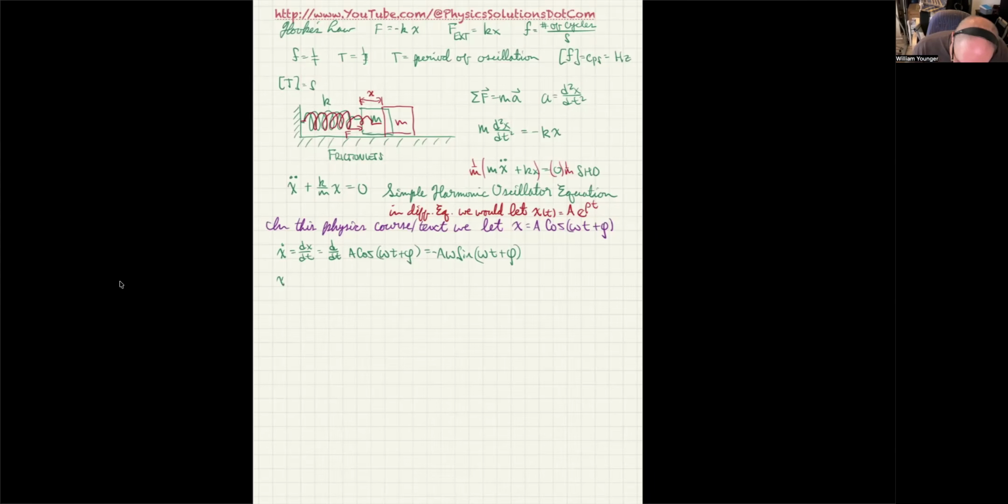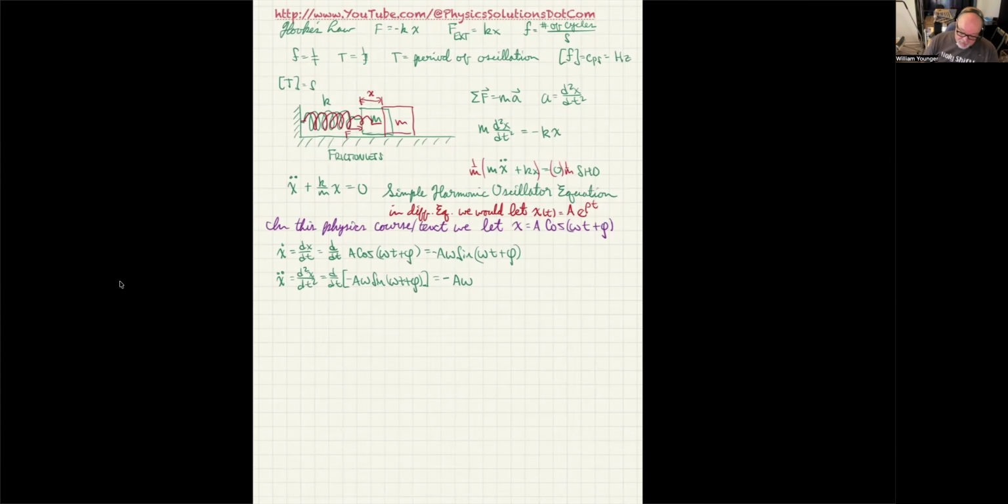Now x double dot, which is a second order derivative, is also equal to d by dt of this new function, which is negative A omega sine omega t plus phi. And now we can see that I'm going to, again, have a constant out in front. This time I'm going to make the negative right here, the A right here, and the omega right there.